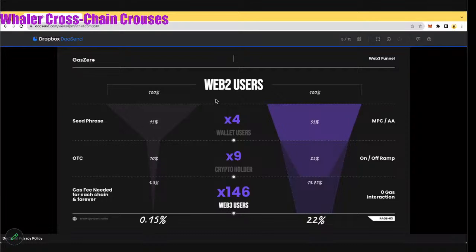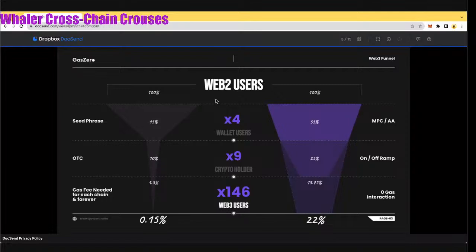The second thing is OTC, where you get tokens, how you get tokens to interact with the blockchain. If you are using fiat on-ramp, then you have a retention rate of 25% instead of 10%. And when we have gas fees needed for each chain, versus a zero gas interaction, in such case the retention rate will be 13.75% compared to 1.5%.